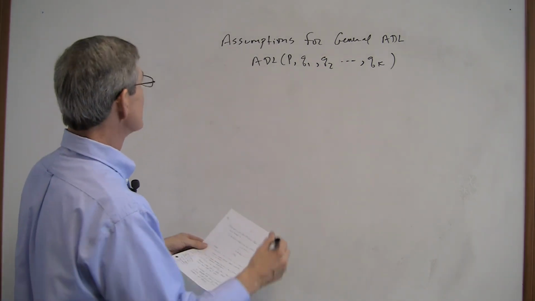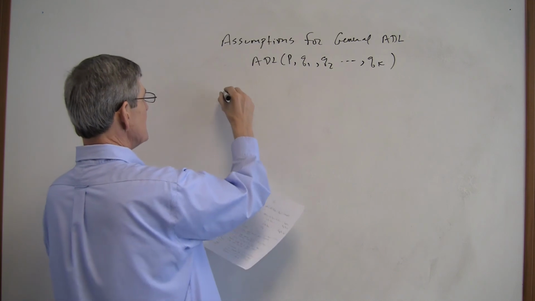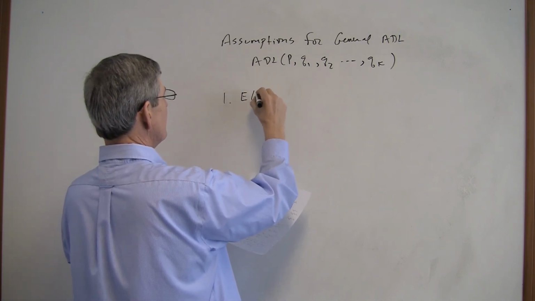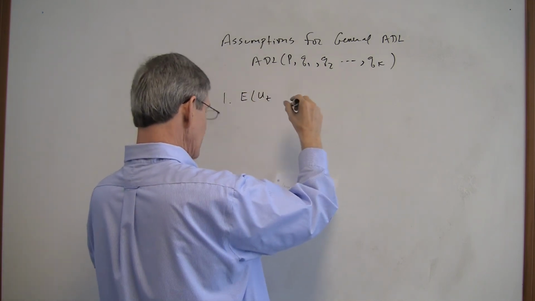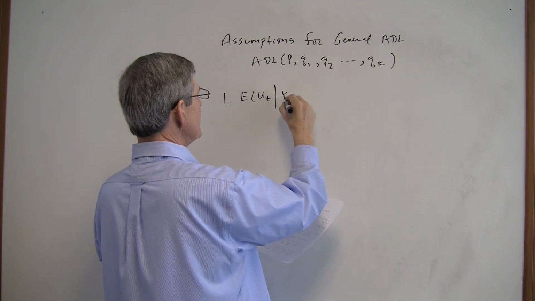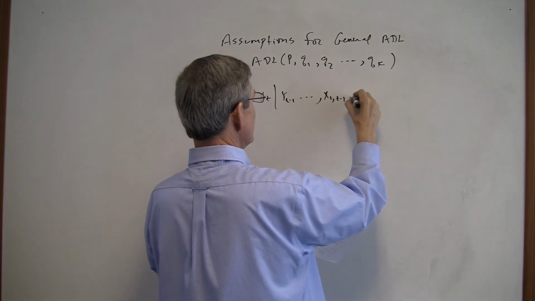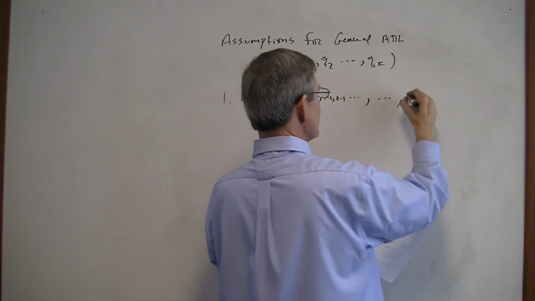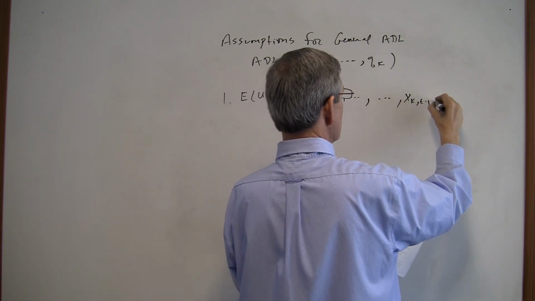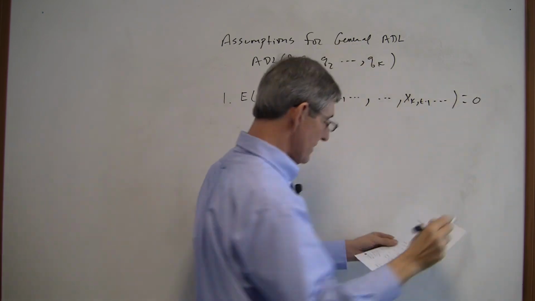So what you need is first, we've been through this one, the expected value of ut given yt minus 1 and its lags, x1 t minus 1 and its lags, out to xk t minus 1 and its lags has to be 0.